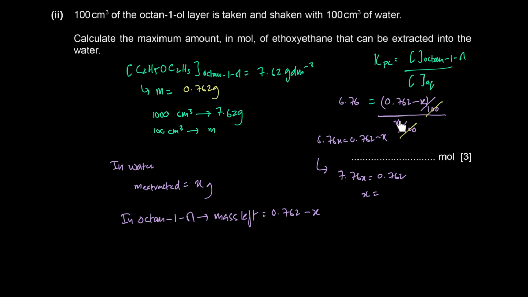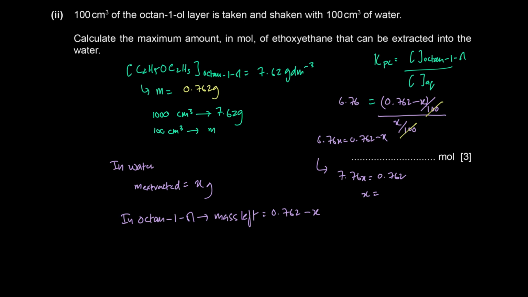As long as the units are the same in the numerator and the denominator, it doesn't matter. I'm dividing the mass by the volume to find the concentration in octan-1-ol and the concentration in water. But since the volumes are the same, the volumes cancel each other out. So in this case, the mass ratio is the same as the concentration ratio.